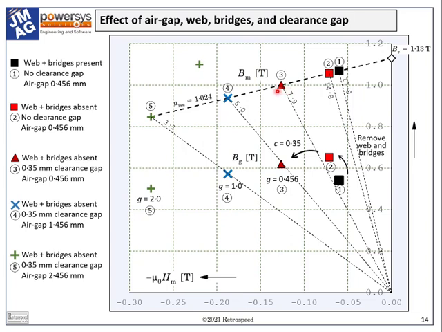But now we must confront the realities of mechanical engineering. Having removed the web and the bridges, we must now find a way to hold the rotor together. So let's imagine we could do it with a carbon sleeve or Kevlar banding of 1 mm radial thickness to give us a total air gap of 1.456 mm, case 4.